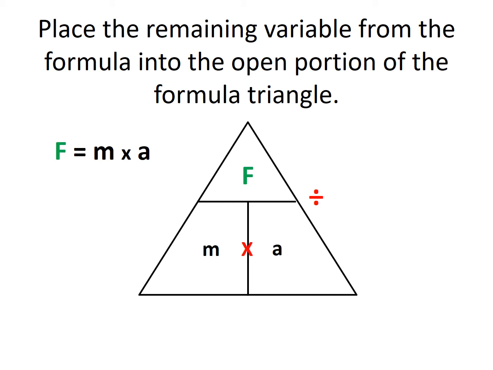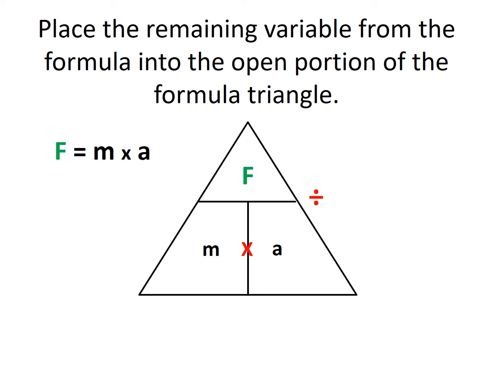Now, this formula triangle is going to help you do several things. First of all, it's going to help you decide when to multiply and when to divide. If you have a number for force and you have a number for mass, force divided by mass would give you the acceleration.